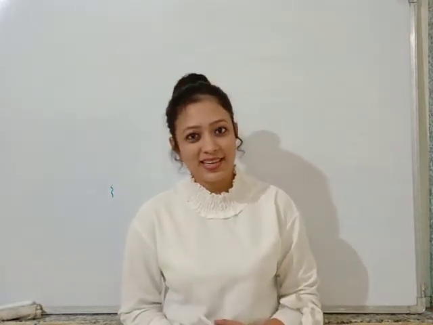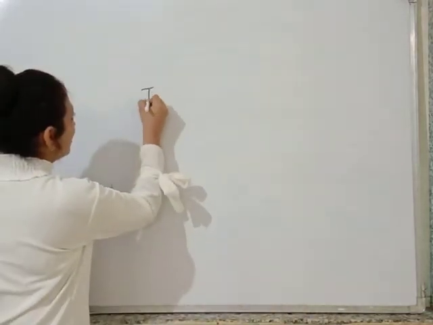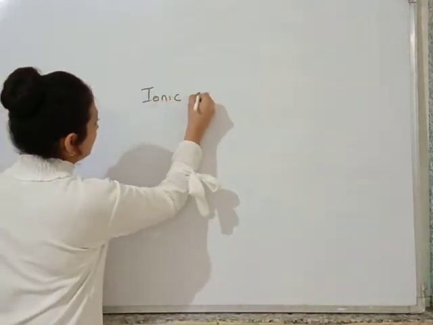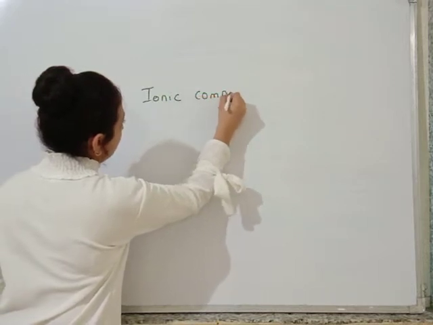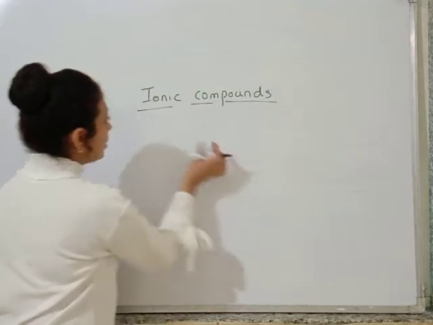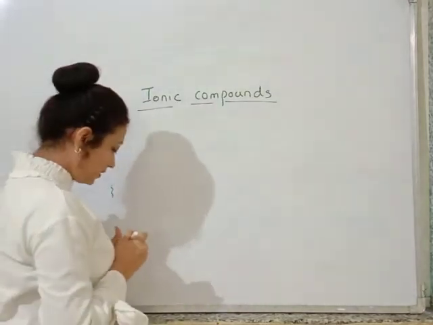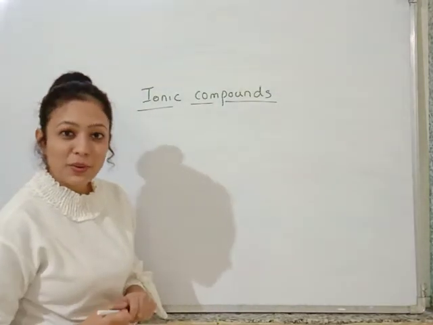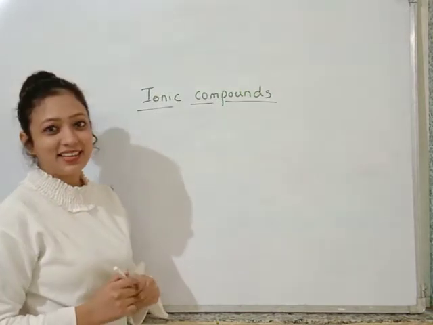So, basically, in ionic compounds, ions are present. The word itself indicates it: ionic. Ionic means what? That the particular compound has ions in it.